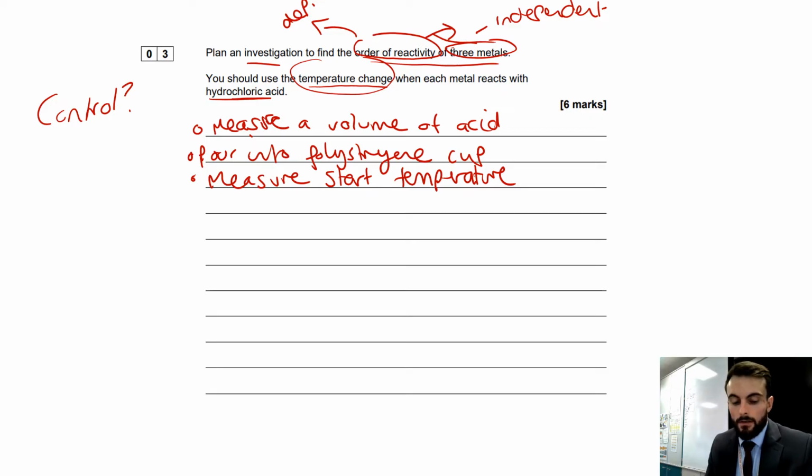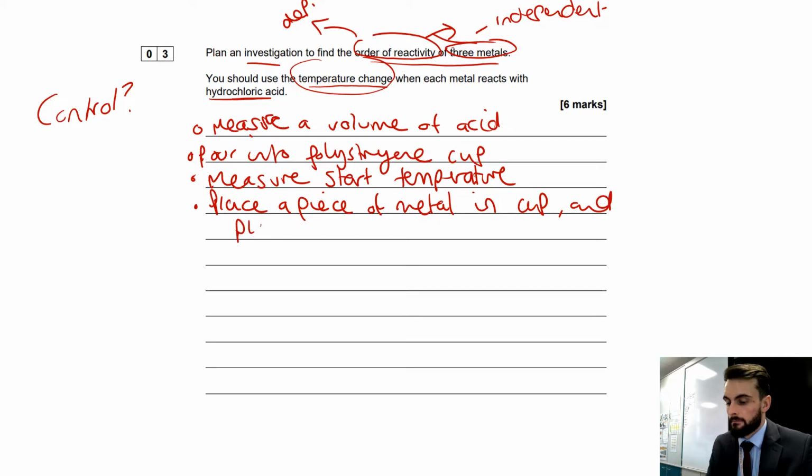Okay, then what we do is, when we want to get the reaction to start, we place a piece of metal in the cup. And then how do you stop the heat escaping even further? Put a lid on it. So you just put the piece of metal in, let the reaction go, put the lid on to stop it from losing any excess heat to the surroundings.